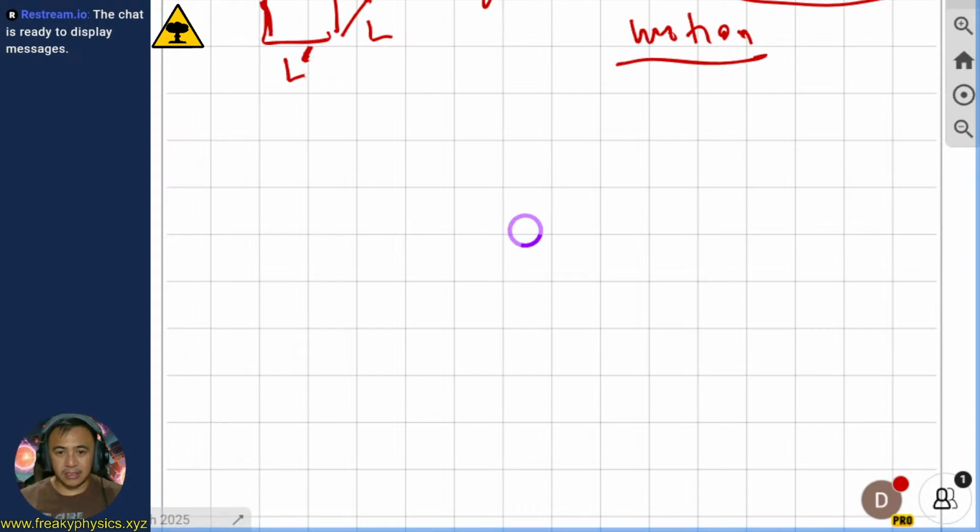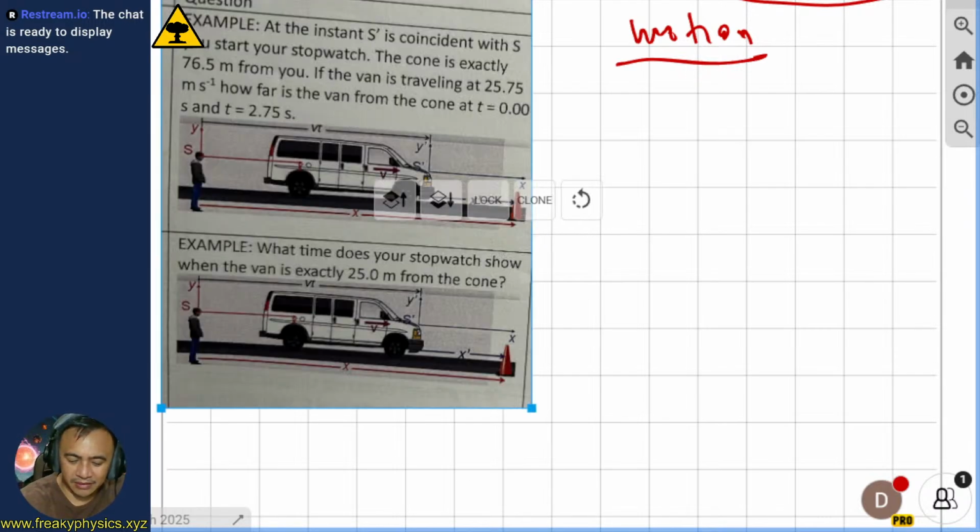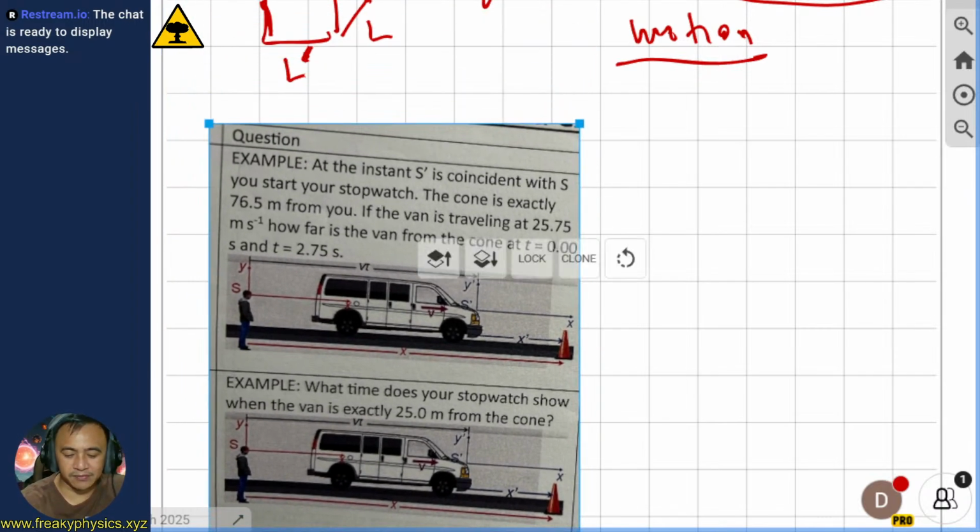Okay. So once we have the equations and once you understand what's happening, it's pretty simple to use the equations straight away, right? But this is just while the image is loading. So we can kind of get that lengths change and times also change, or the time you measure also changes, simply because one reference frame is moving compared to the other, right?